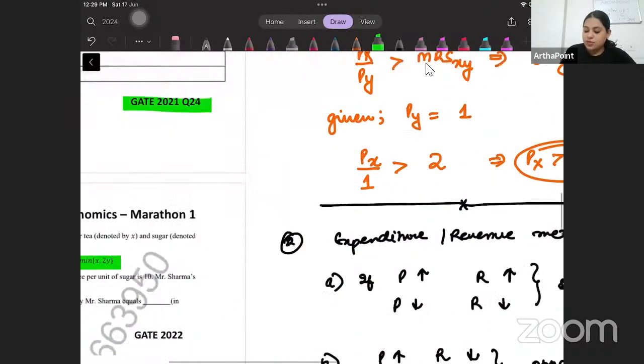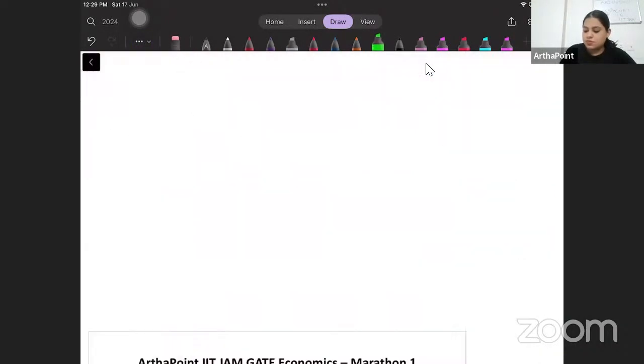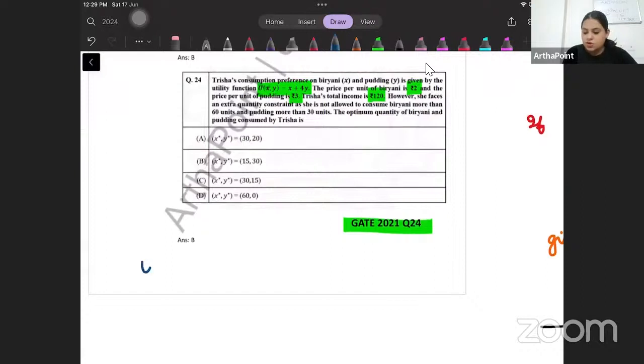The utility function is x plus 4y. Px is given to you as 2 and Py is given to you as 3. And M is given to you as 120.